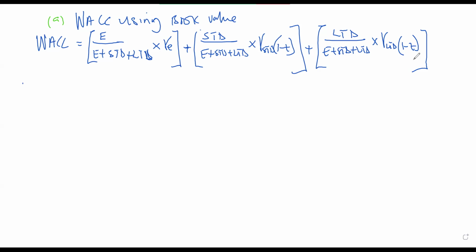And the weight is basically the percentage of that particular source of capital in the total capital, which is the ratio of the value of the security over the total capital. So then you go and find out, what is my total capital? What is my total capital made up of? In this question, our total capital is made up of ordinary equity, short-term debt, and long-term debt.